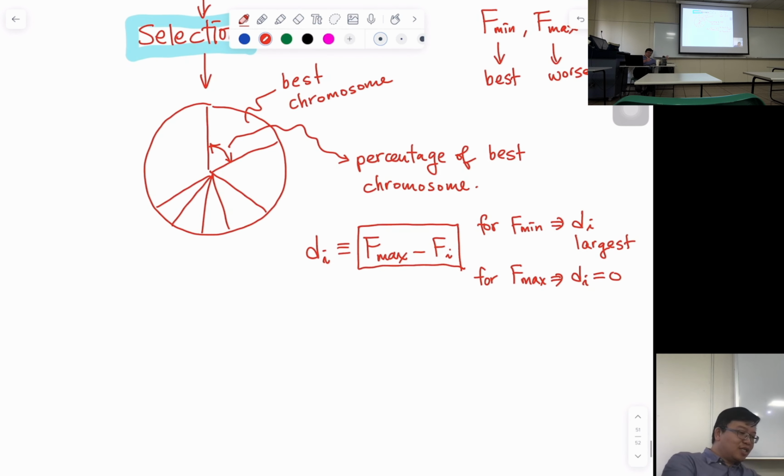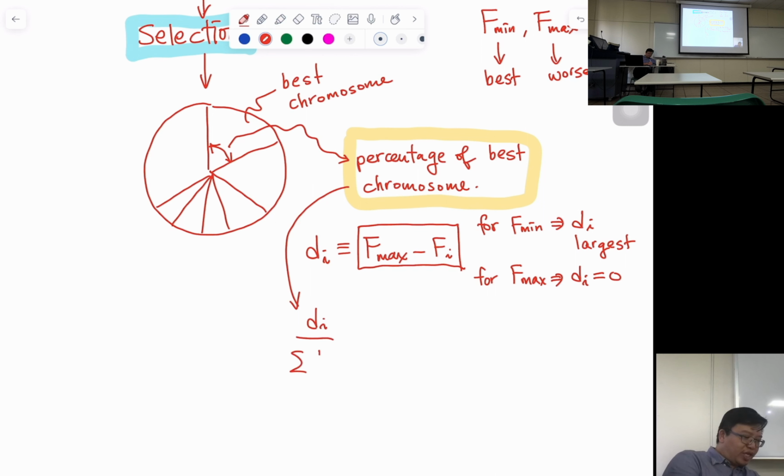So at the end, this percentage can be formulated as Di over the sum of D. Because every chromosome now has a Di, the best one has a greater D, right?